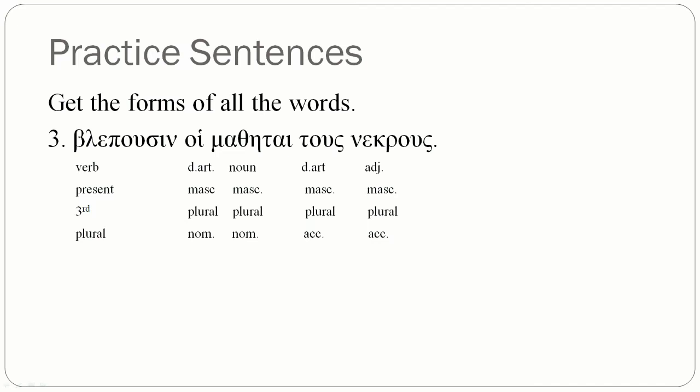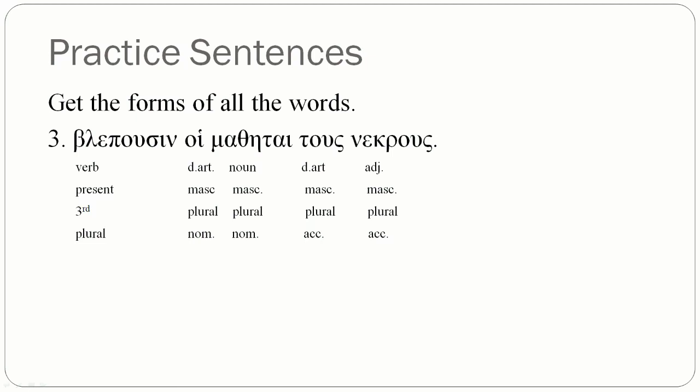All right, next word, hoi, is the article. It is masculine, plural, and nominative, and it goes with mathetai. Mathetai is one of these weird ones. It is a first declension noun, but it is a masculine first declension noun. Therefore, the ending of the article does not match the ending of the noun, but mathetai is indeed masculine. Okay, so it's masculine, plural, nominative.